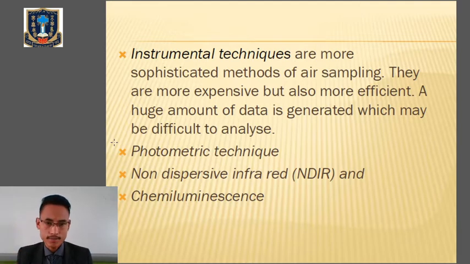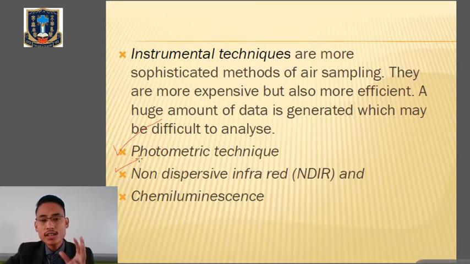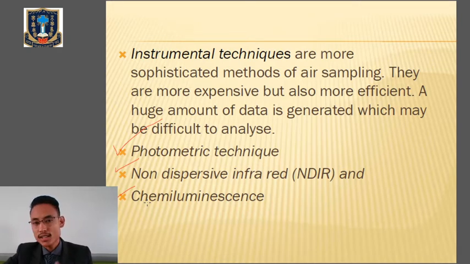Clear? Under the instrumental technique we are going to learn about the photometric technique, the non-dispersive infrared technique, and chemiluminescence. Chemiluminescence means the property to emit light. One by one we are going to discuss these three techniques.